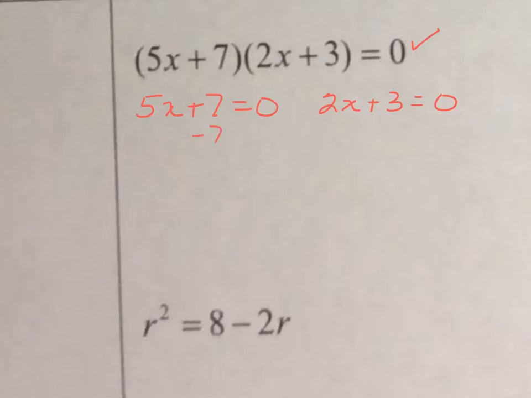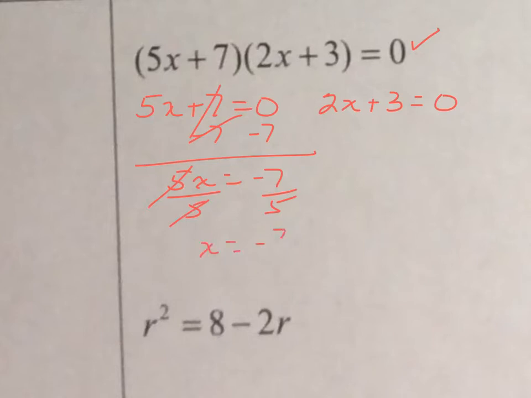On this first one, if we subtract 7, we'll have 5x equal to negative 7, and divide by 5. X will equal negative 7/5. And on the other one, we'd subtract 3.